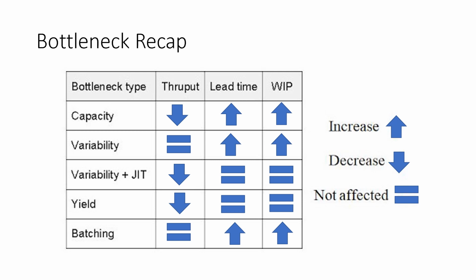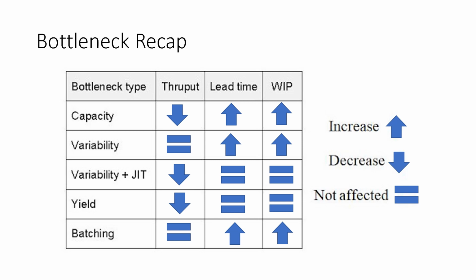In the case of a yield bottleneck, there is a drop in throughput, like in the case of a capacity bottleneck, but the difference is that there is no accumulation of WIP because the items are lost, and therefore there is no increase in lead time.